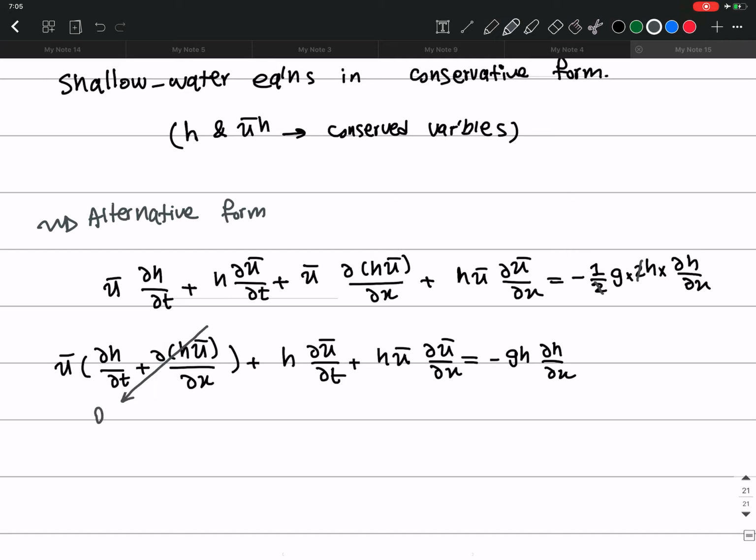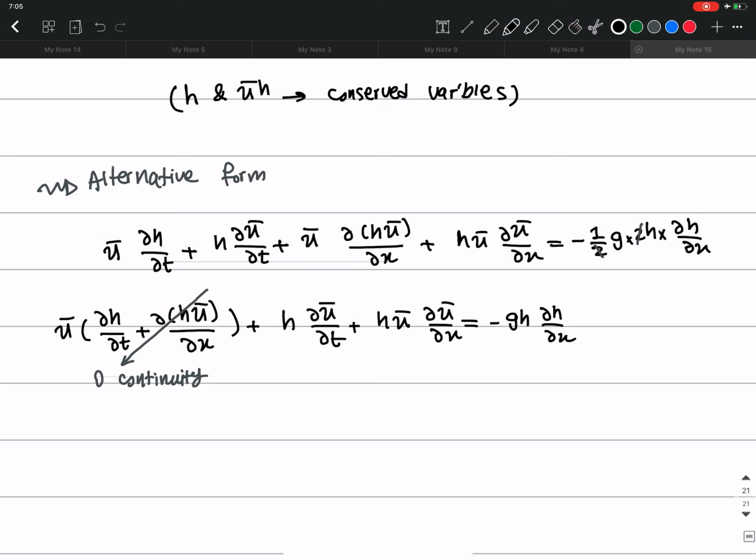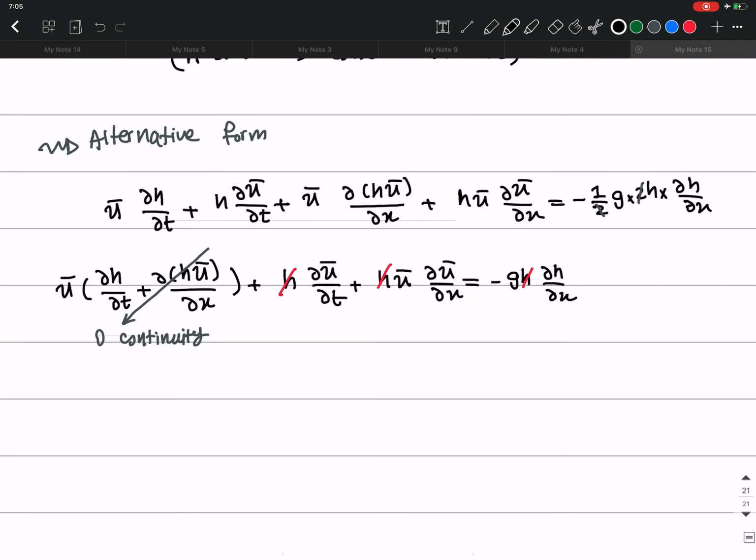This is just the continuity equation. So this term is 0, and among the remaining terms, h is going to cancel out because it is in all the terms. So I get the alternative form, which is partial u bar over partial t plus u bar partial u bar over partial x equals minus g partial h over partial x.